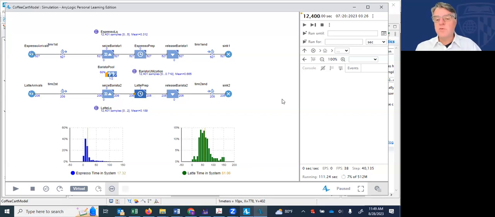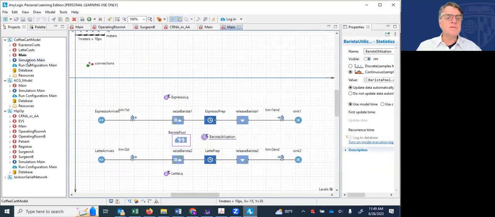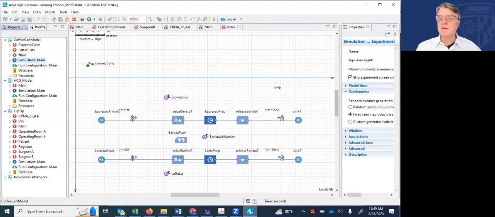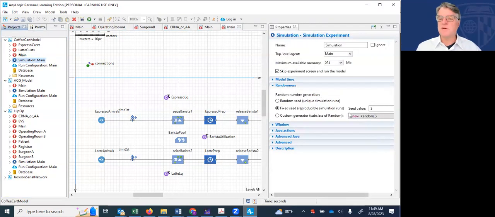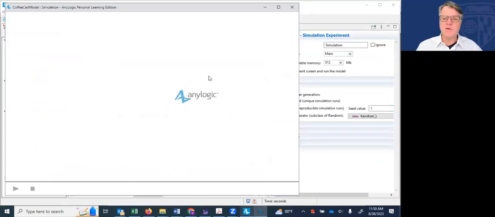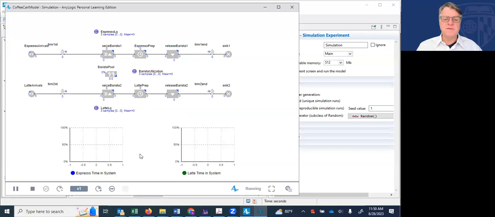Okay, so to run another iteration to get better estimates so you can get confidence intervals going, what you need to do is go to simulation main, and then just get yourself another seed. So I'm going to change this to, for example, 1, and I can rerun it. And it should give you another iterate, and you're probably going to need to do 3 or more, depending on how variable this is, to get decent estimates.